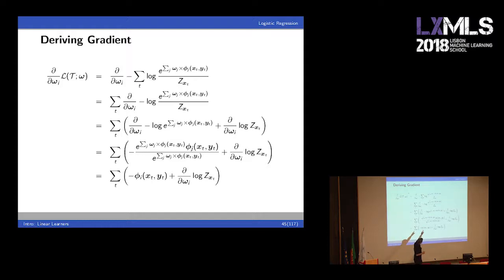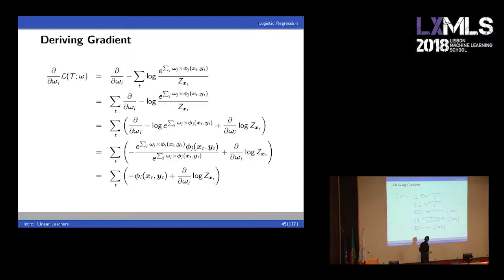So we have minus log of the numerator plus log of the denominator, and we can split the derivative for the numerator and the denominator. Taking the derivative of the numerator, it's minus log of something. So first of all, 1 divided by something is this here.